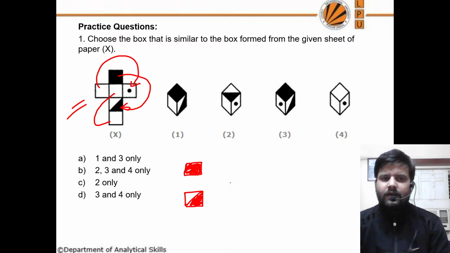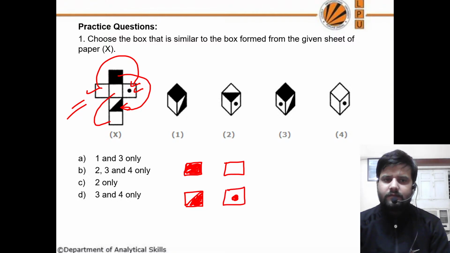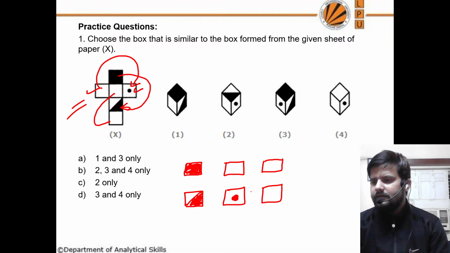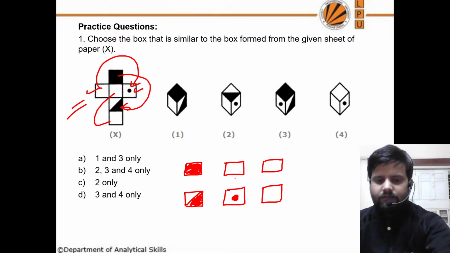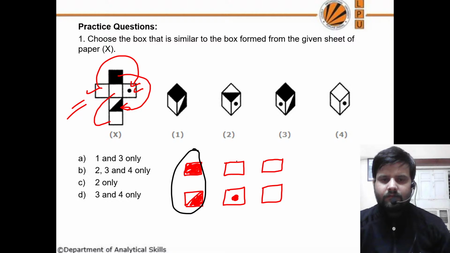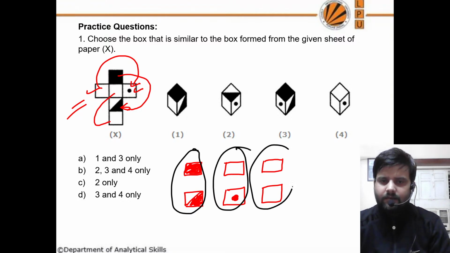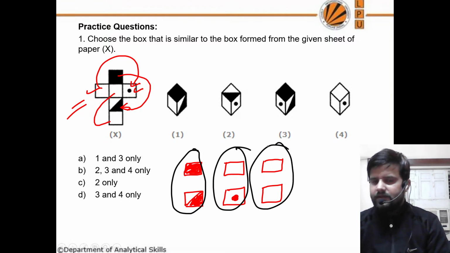Done. Now the second pair is this and this, so blank will be facing this. And the third pair would be blank facing blank. First pair, second pair and third pair of opposite numbers.